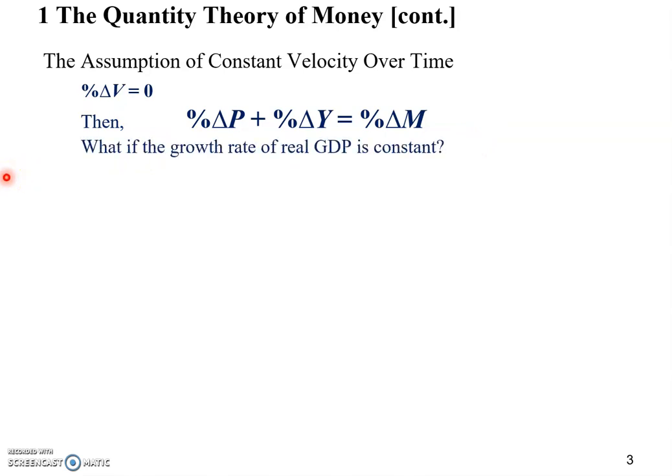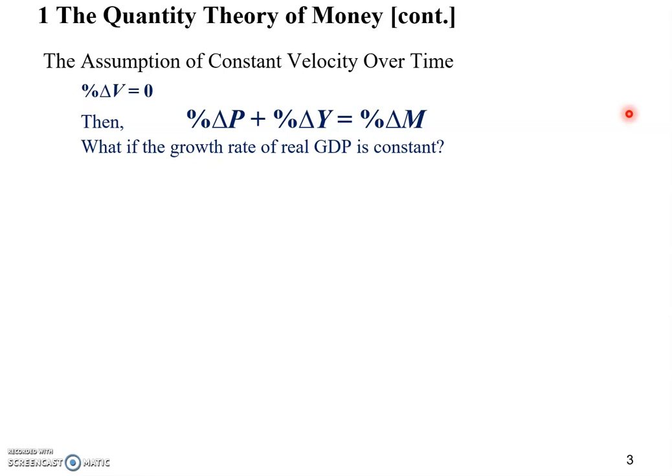Now here, if you remember back in chapter 8, when we talked about economic growth, we said that at least for the U.S. economy in the past 150 years, the economic growth rate on average is about 3 to 3.5%.